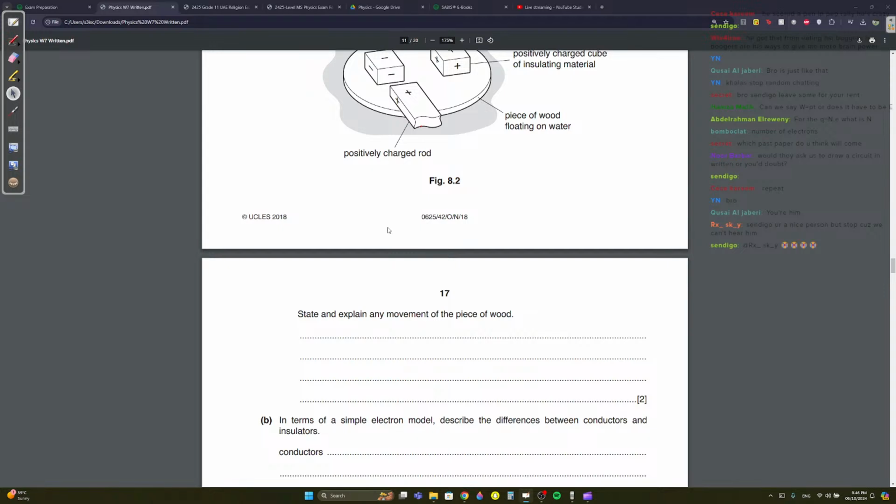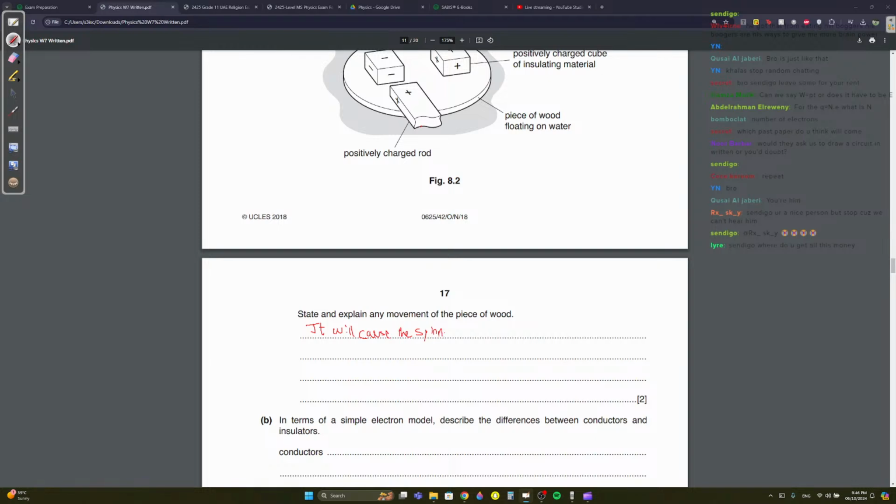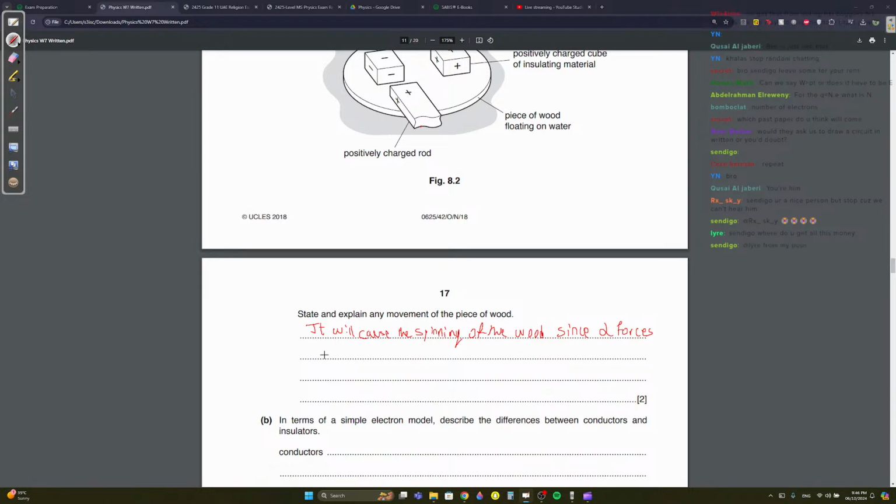So state and explain any movement of the piece of wood. What's gonna happen? It will cause the spinning of the wood, since two forces cause a moment.